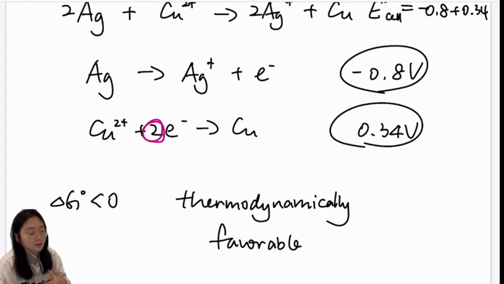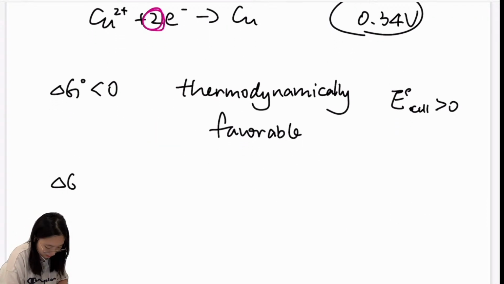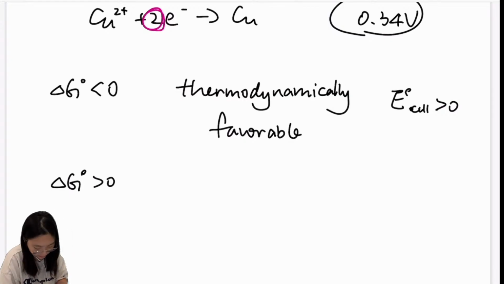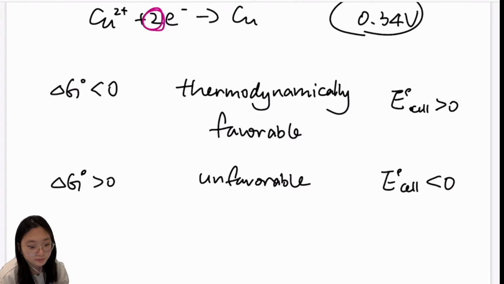And for a thermodynamically favorable redox reaction, the cell potential is always greater than 0. For a thermodynamically unfavorable redox reaction, the cell potential is always less than 0.